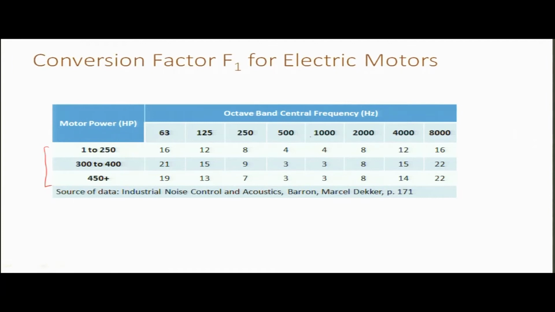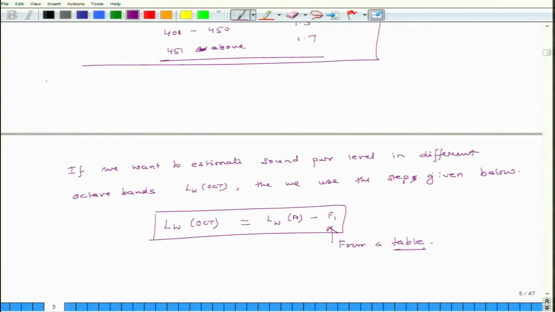But for different octave bands with central frequencies 63, 125 and so on, these are the values of F1. You can pick up this value F1 from here and put it back in our equation, and you will get the value of LW for each specific octave band. So, this is how we will do it.